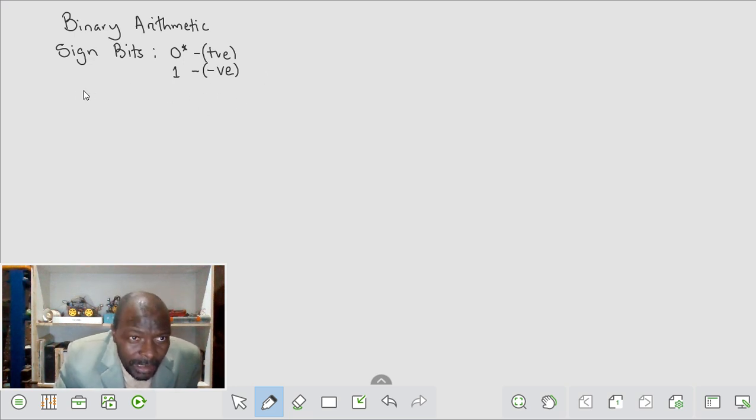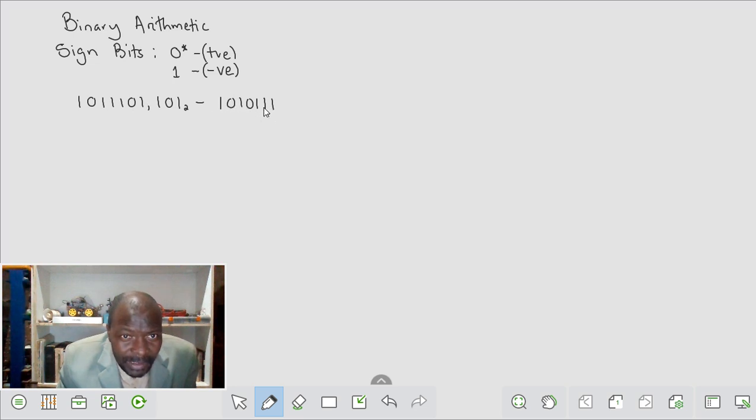So what we mean here is, let's say we want to work with two numbers. 101, comma 101. Let's say that number is supposed to subtract another, which will be 1 0 1 0 1 1 1, then comma 0 1 0 1.